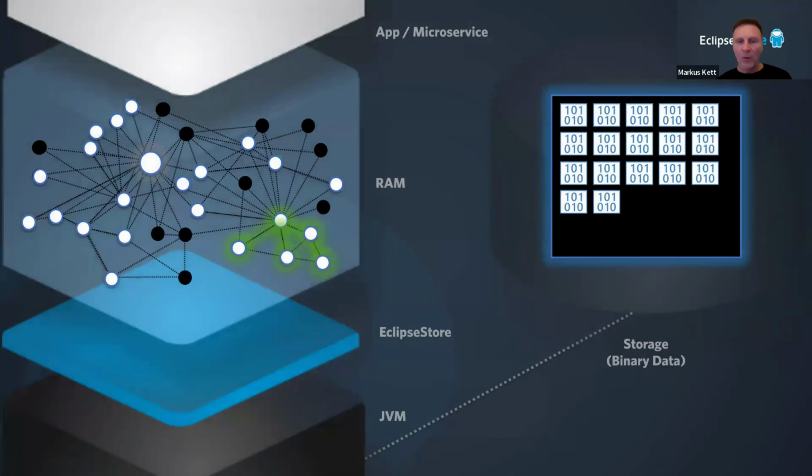The engine will always compare your objects, so the loaded objects, with your classes. And if there are differences, the engine will automatically take care of solving the issue. So simple cases can be solved automatically, like you add a field, you remove a field, rename a field, you change a primitive type or something like that. It can be solved by the engine itself.